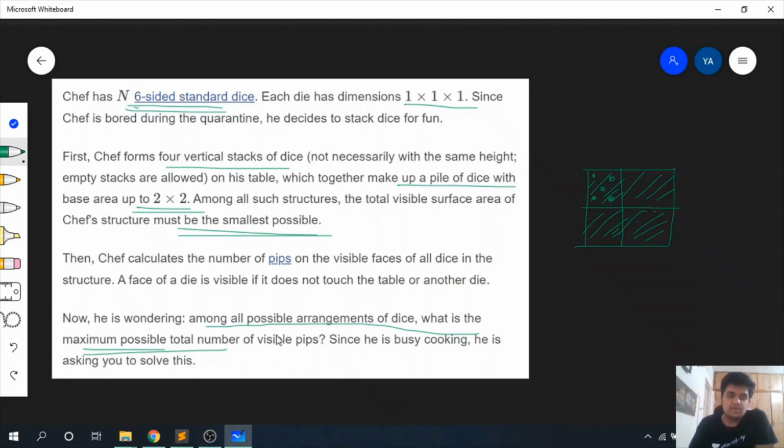So what we have been asked is to output the sum of all the visible pips on the dice, on the structure. So let us say we have two dice. So we have one dice and this is the second dice.